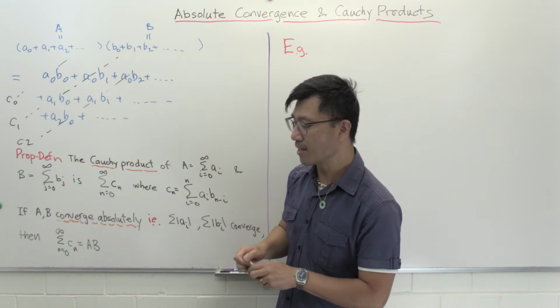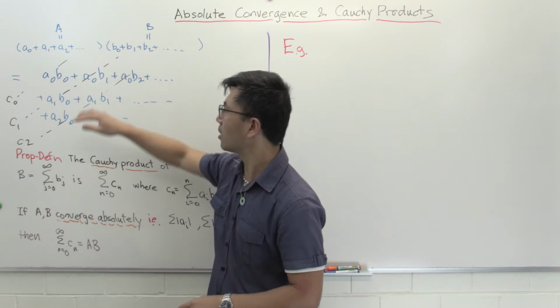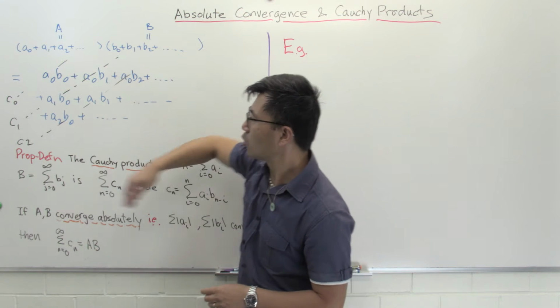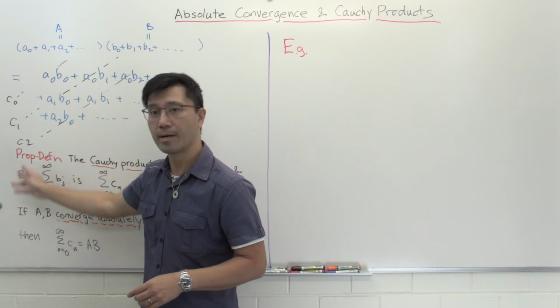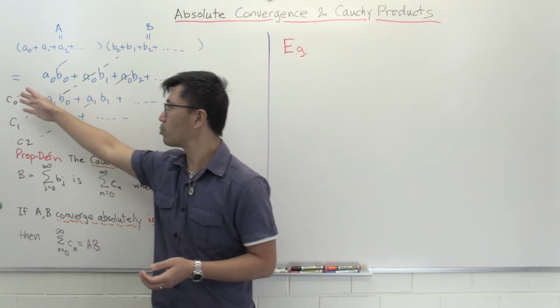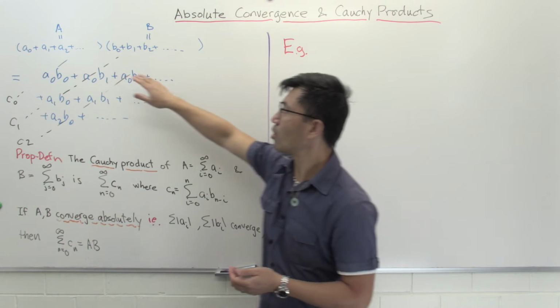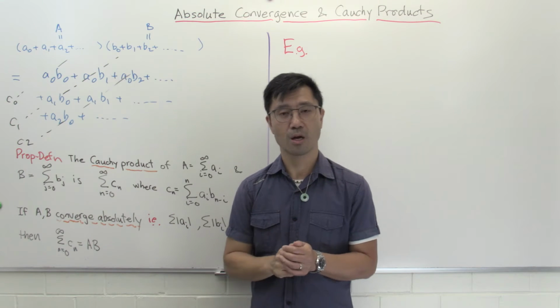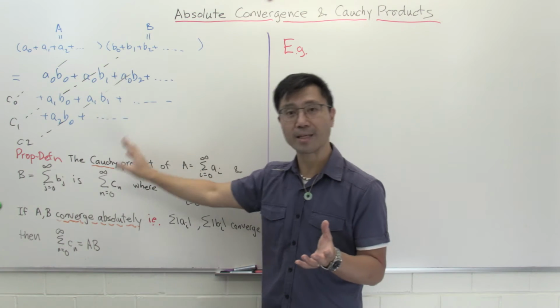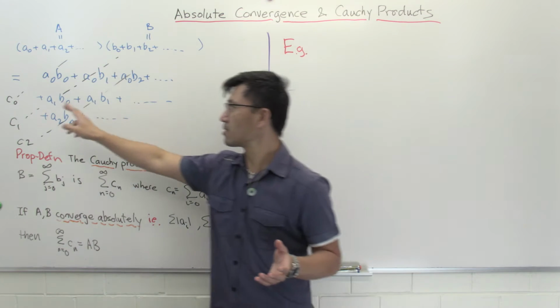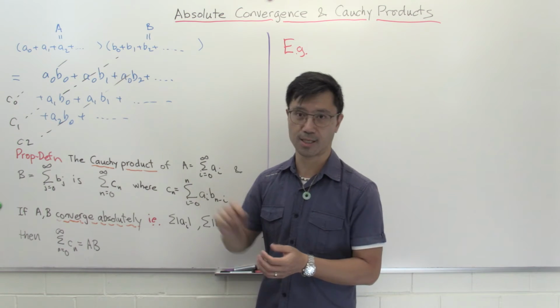In this process we've combined this two-dimensional array into a sequence of numbers, and that sequence of numbers, when you sum them, should give you the product of these two series. So we'll start by making this definition, and this gives us the notion of a Cauchy product.